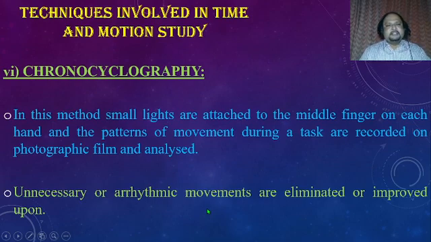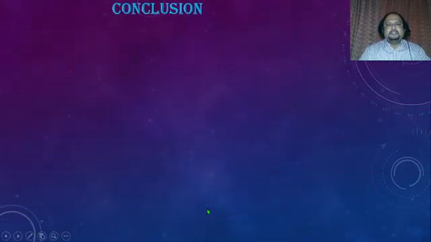And as discussed in the previous slide, in this slide also I would like to point out that we don't use this technique much in the Indian context. However, since we are discussing techniques involved in studying the time and motion study, we need to know about this process as well. And with this, we have discussed 6 different techniques involved in time and motion study.